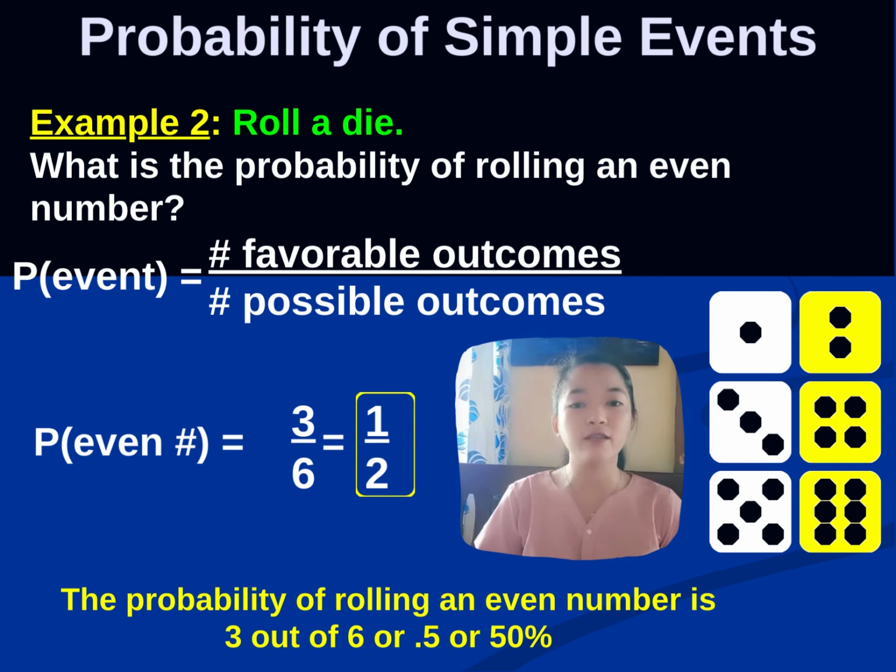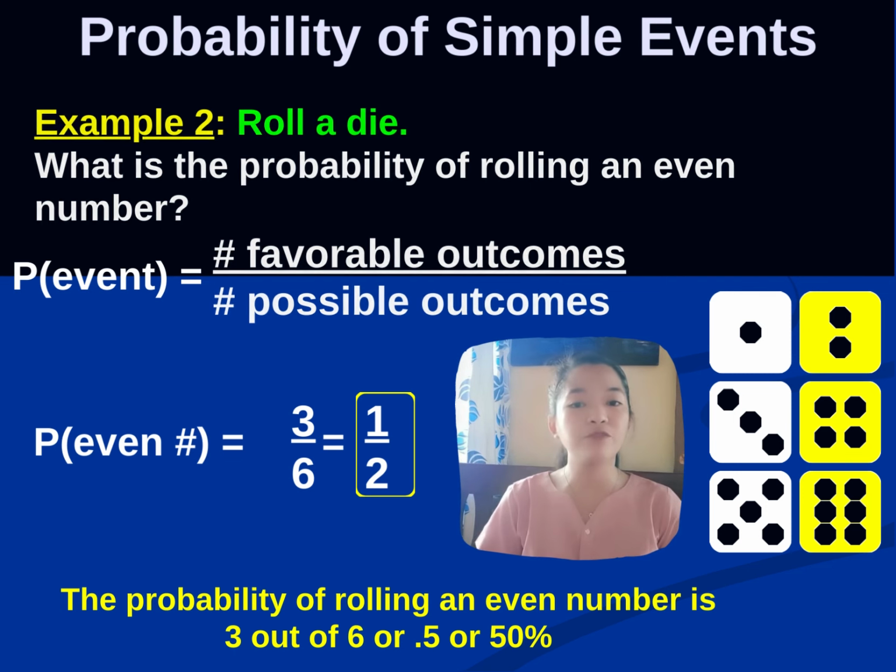So let's get the even numbers in a die. So we have 2, 4, and 6. We only have 3 even numbers over 6 numbers. Therefore, we have 3 over 6 or 1 over 2. Therefore, the probability of rolling an even number is 3 out of 6 or 50%.